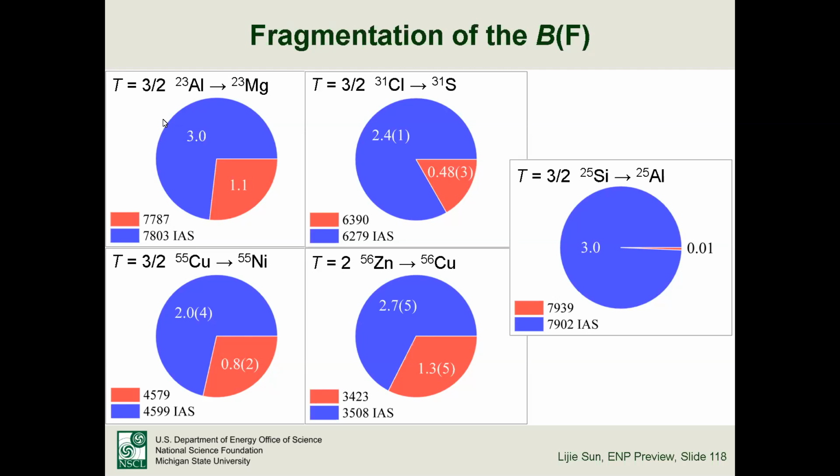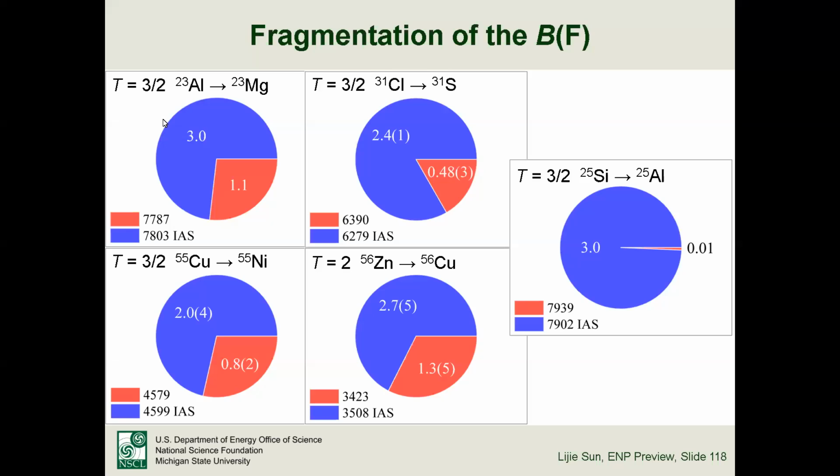I should also point out that we observed the 7902 keV IAS. We observed the proton and the gamma ray de-exciting this state, but we didn't observe any information for this 7939 keV state mixing with this IAS.